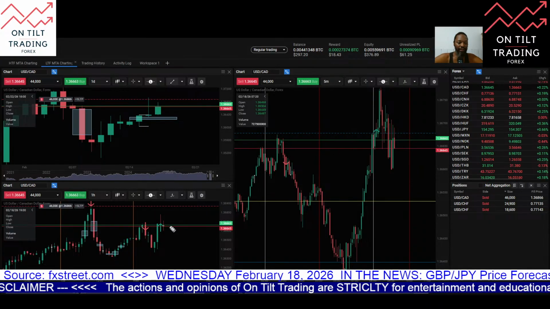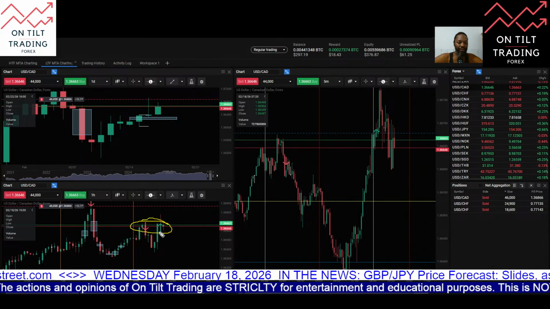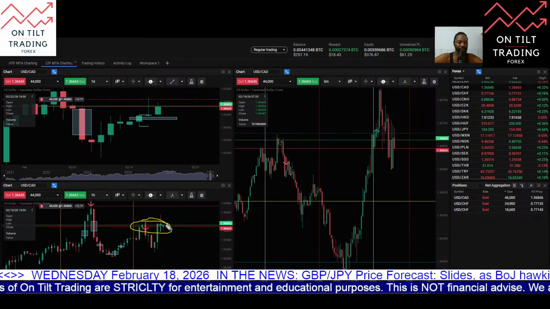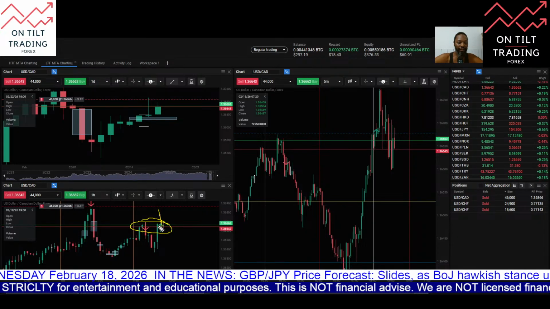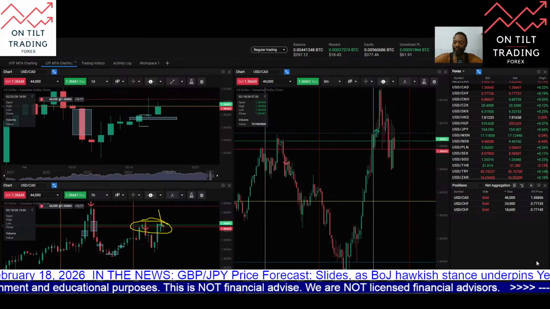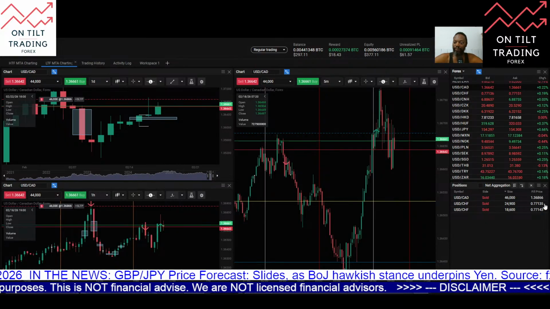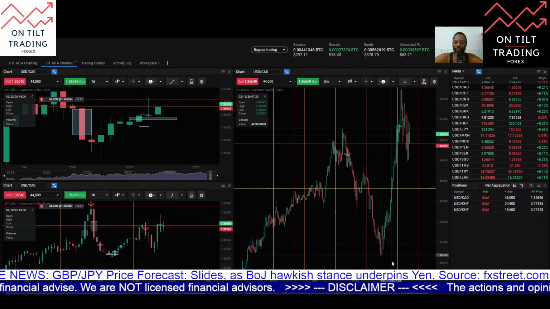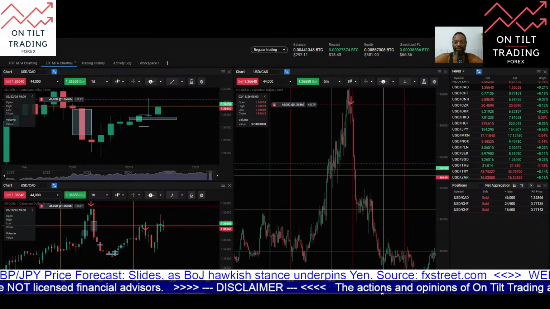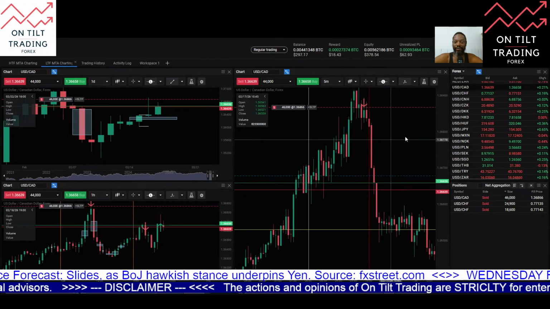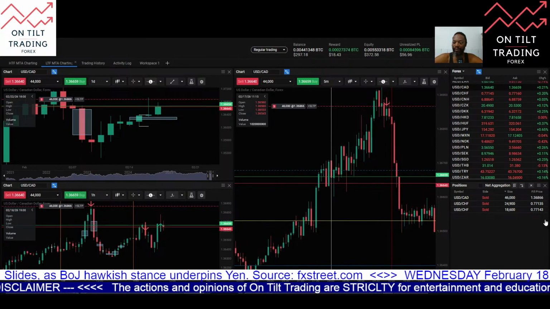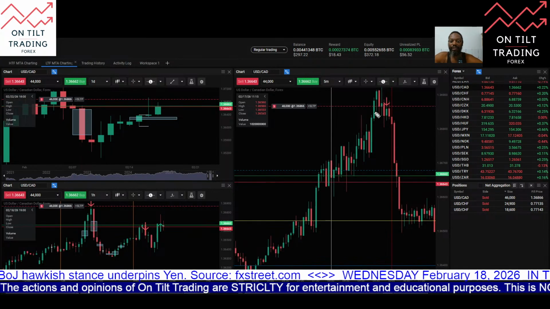Tried an add here during the London session, but it failed. As you can see, price wicked through here. But to go back to my original entry, you can see here, this is during New York AM yesterday.